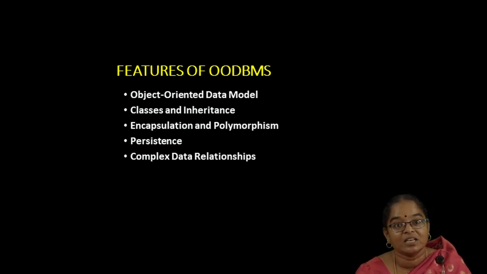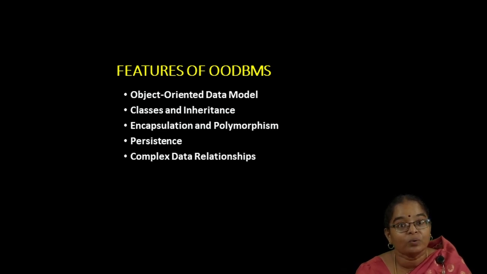And complex data relationship. In an ATM transaction model, bank is one class, bank customer is another class, ATM machine, ATM server, ATM technician. When five classes are there, there is a relationship between the five. And the bank server and ATM server are the two main servers. So, there is a complex relationship.